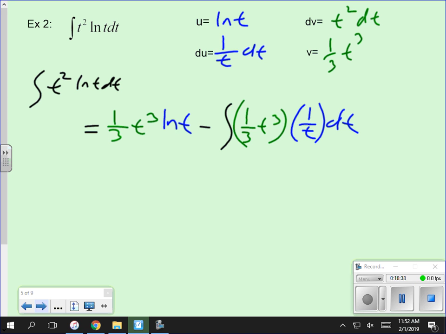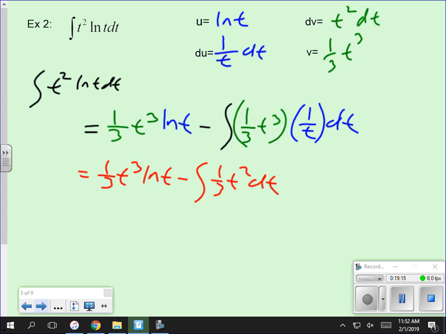Looks nasty. I mean, you're thinking, oh my God, I got 1/t. I'm going to have to take the derivative or antiderivative of that. It's going to really screw me up. Look what happens to it. You end up with 1/3 t cubed natural log of t minus the integral of 1/3 t squared dt. That's easy, isn't it? Relatively speaking, right?